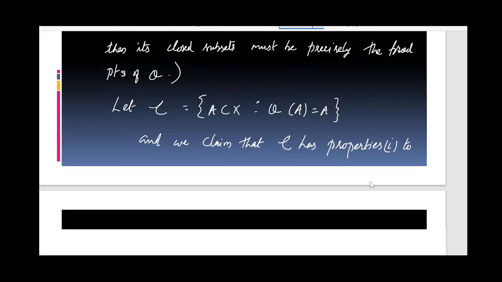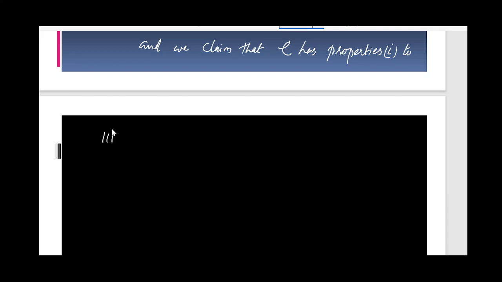And we claim that C has properties 1 to 3 of Theorem 1.2.